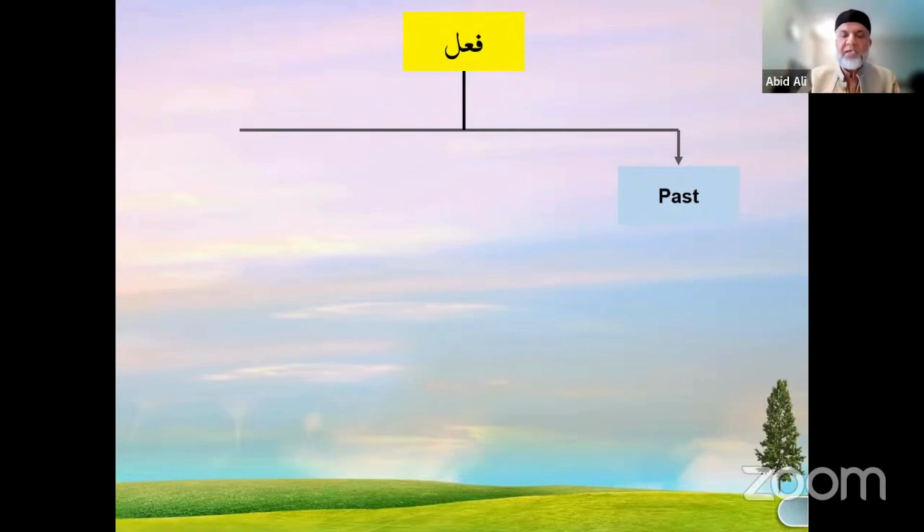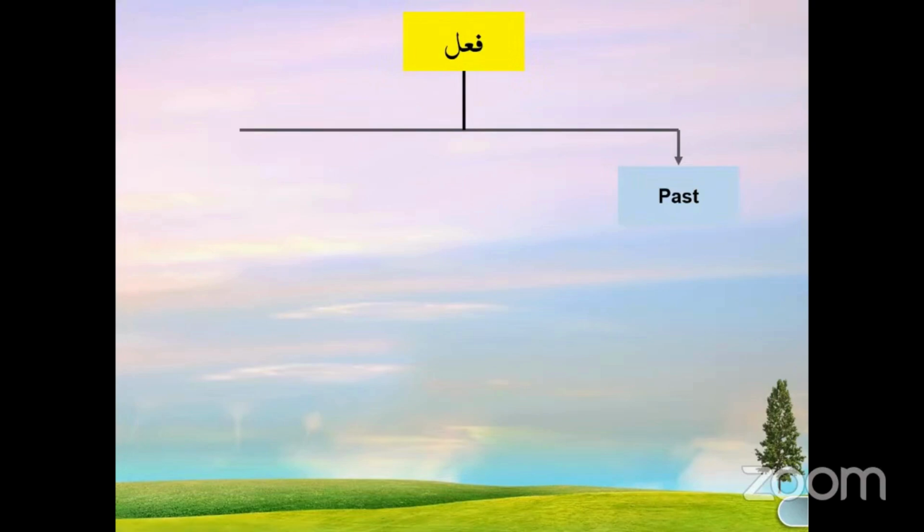But when I am talking about an action, do I have this notion of time? Do I need to know whether this action was done in the past, is done in the present, or is going to happen in the future? So fail is also a sort of noun, but there is a tense associated with it.